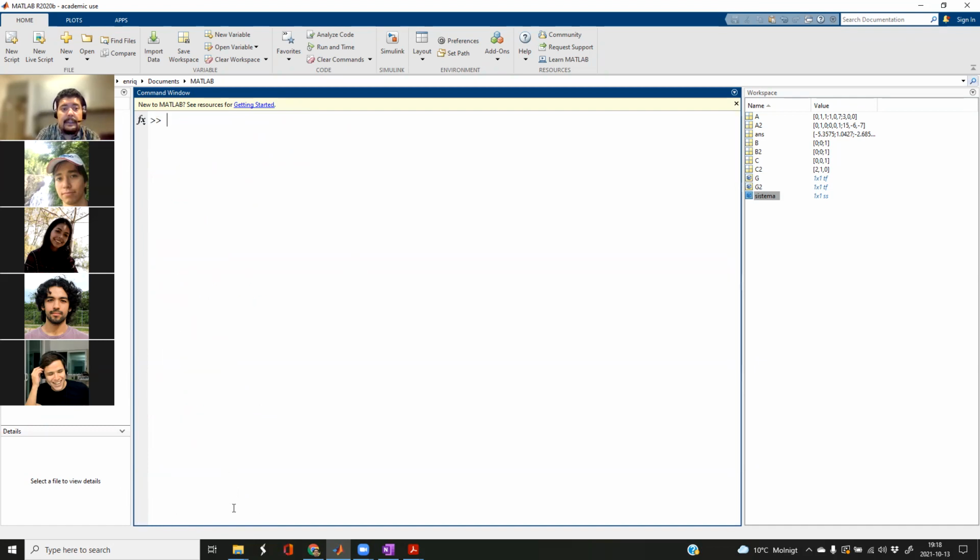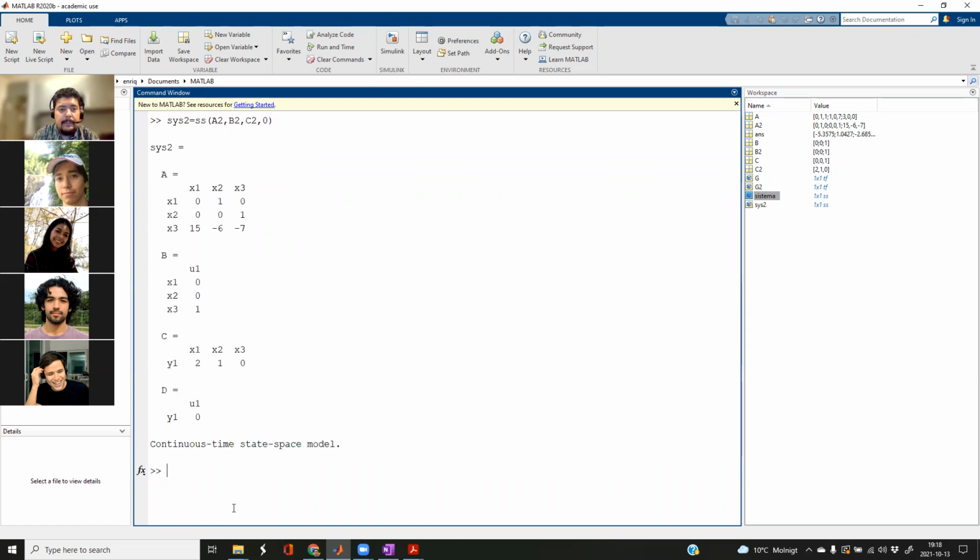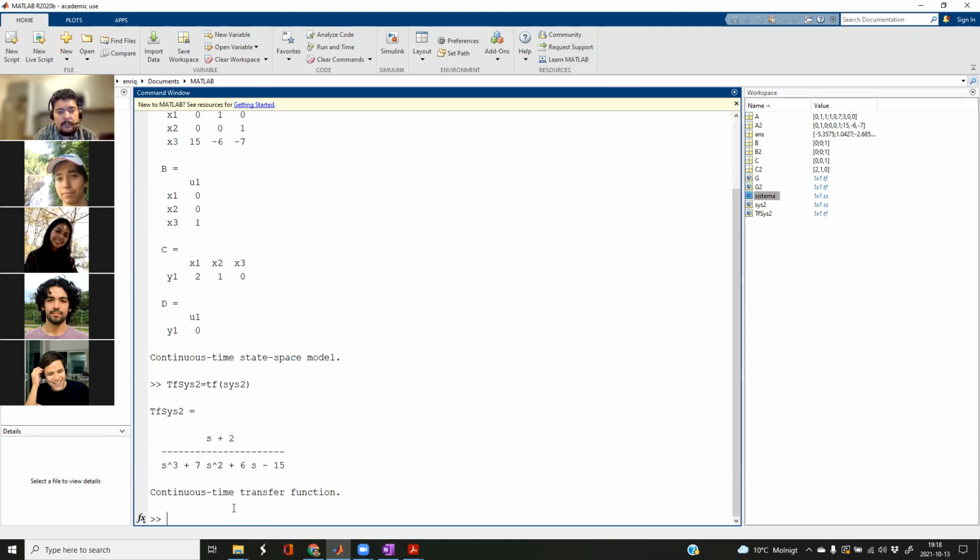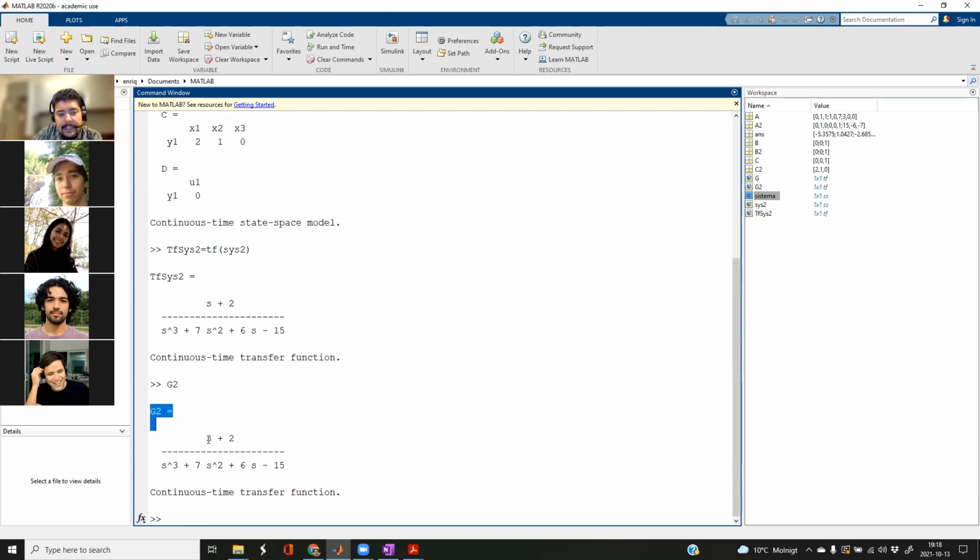And of course, I can also get sys2 equal to SS, to create the variable with matrices A2, B2, C2, and 0. And a transfer function, I will call it TF sys2, equal to TF of sys2, which actually corresponds to the same as I have in G2.